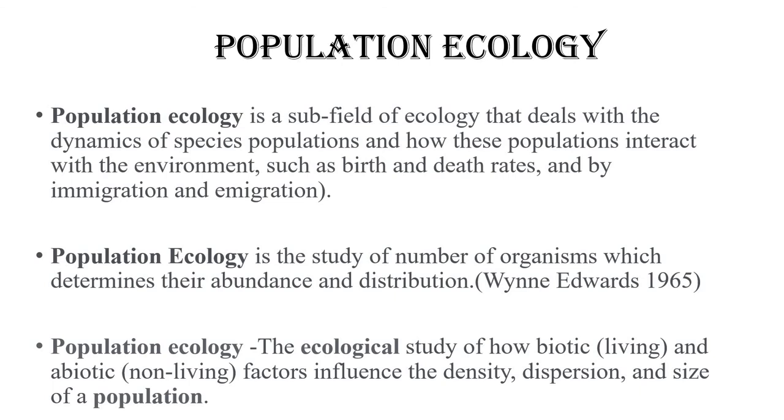That means dynamics of species population and how this population interacts with the environment, such as birth and death rates, and by immigration and emigration. Population ecology is the study of the number of organisms which determines their abundance and distribution. The definition is given by Viney Edwards in 1965.